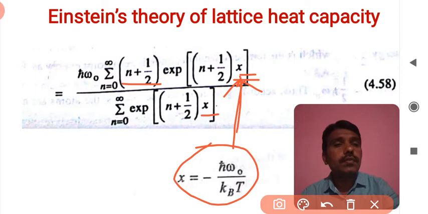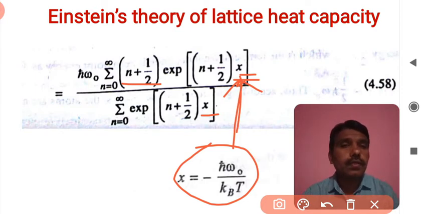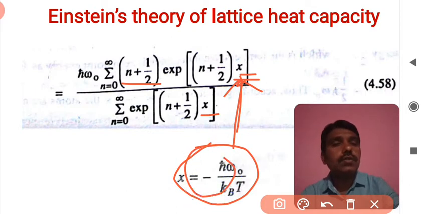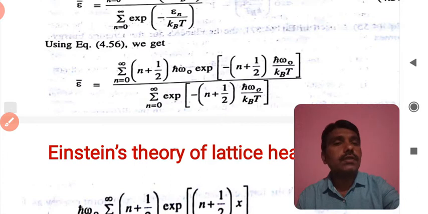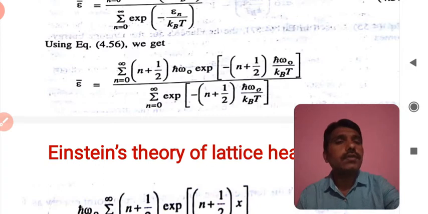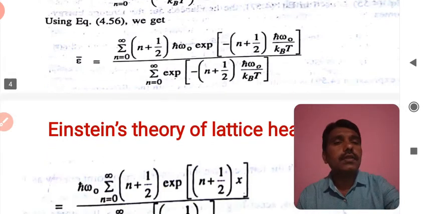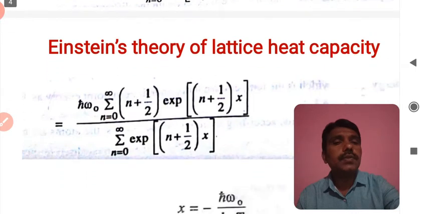So x is nothing but minus h cross omega 0 by kBT. This is the relationship as far as this part, with the exponential taking this x factor into account.